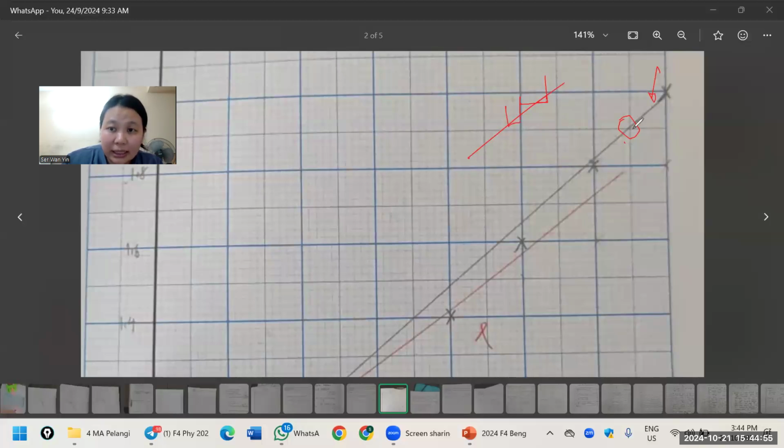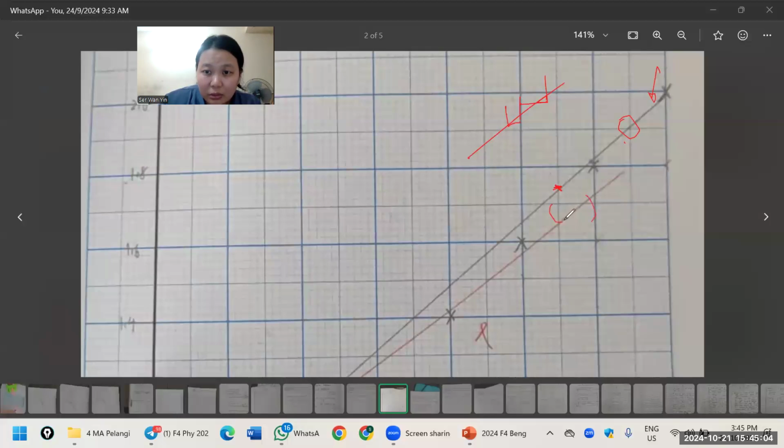We don't want the triangle. We want exactly at the edge. Now, for example, this point is good. Here is around 1.6, 1.7. So this one is 1.74. Understand?